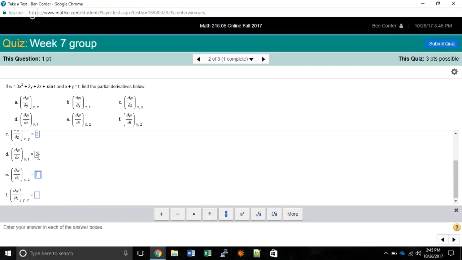Wait. Oh, I skipped one. When I scrolled down, it missed one. Oh, wow. Okay. So I answered the second one. Okay, so now dt. And we're going to plug t minus x in for y, right? Yep. 3x squared plus. These aren't too bad once you figure them out.